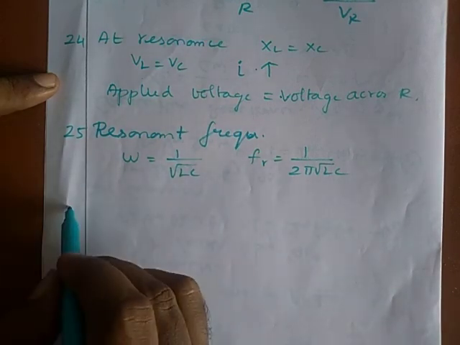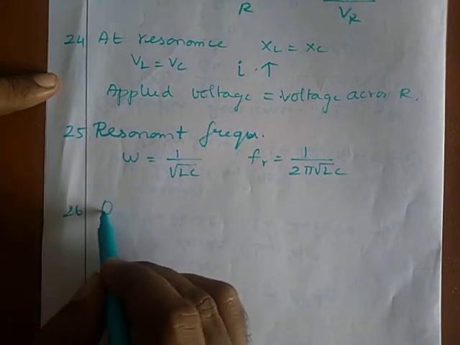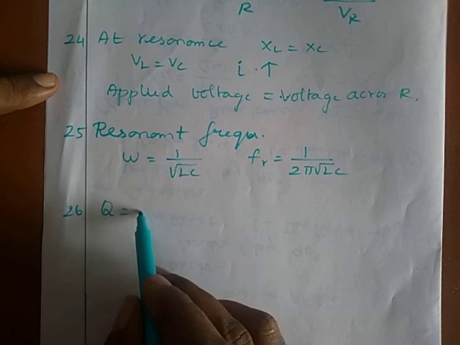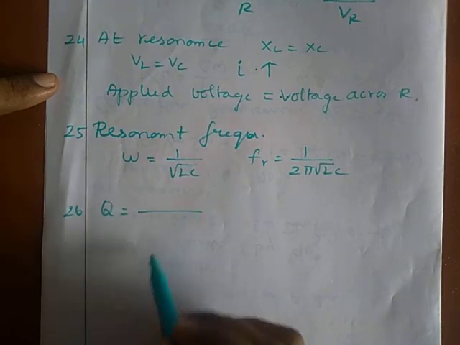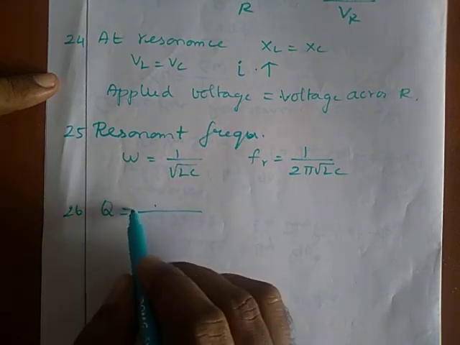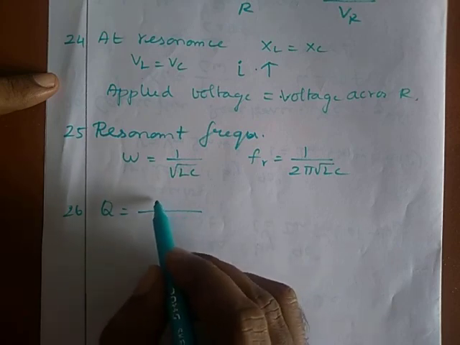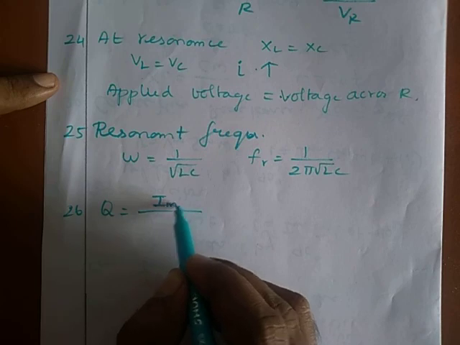The next, quality factor or Q factor, is the ratio of voltage across L or C to the applied voltage. Voltage across L, suppose I consider the inductor, is Im XL.